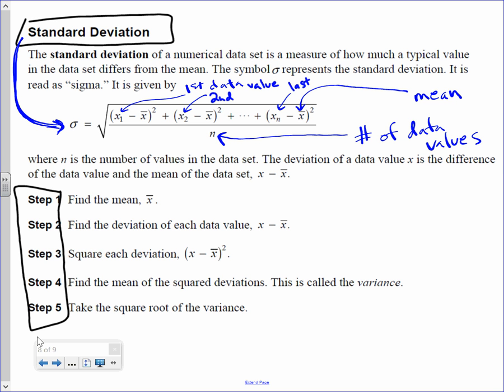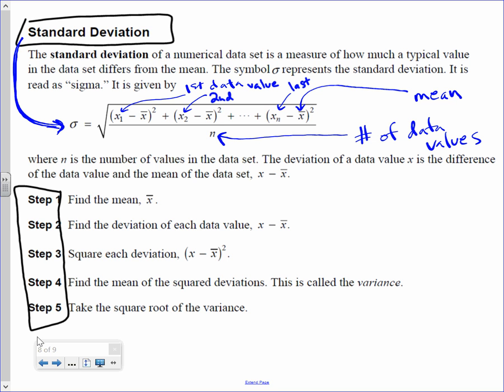So x sub 1 means the first data value, x sub 2 means second data value, and then x sub n means last data value. So for warm-up, this would be the 5th movie, the 5th data value. Remember those 5 movies? So this is the number of observations, number of data values. We got the mean. This means standard deviation.